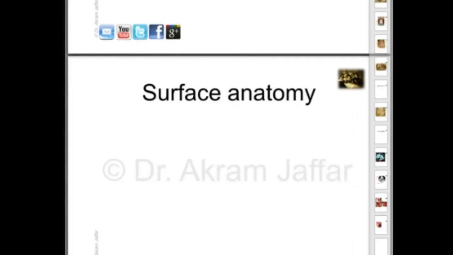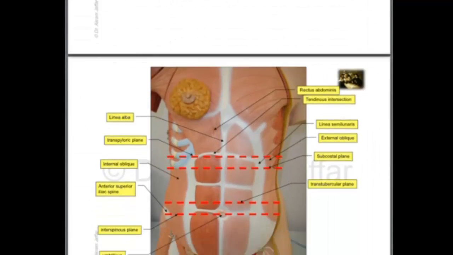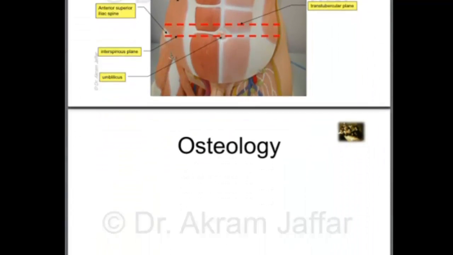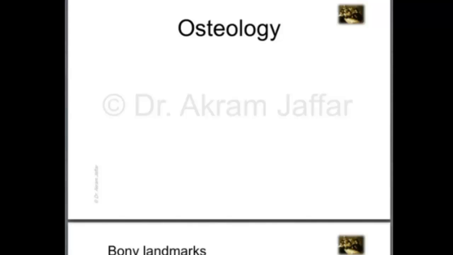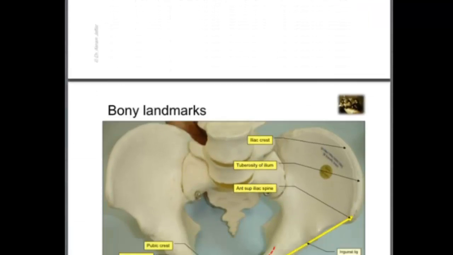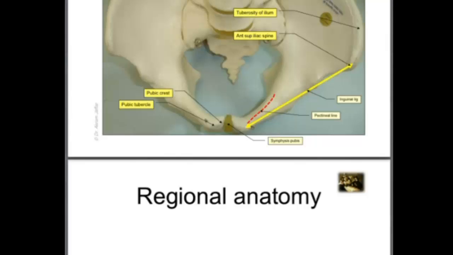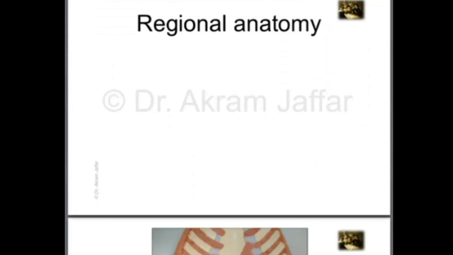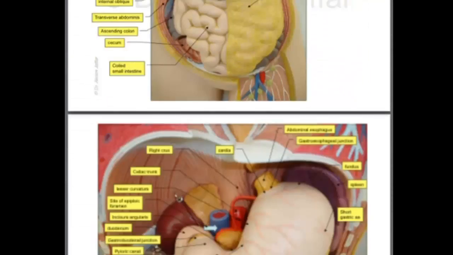See, it contains some surface anatomical tips on the plastic and plastinated models that are available in the practical section, bony landmarks, the regional anatomy.